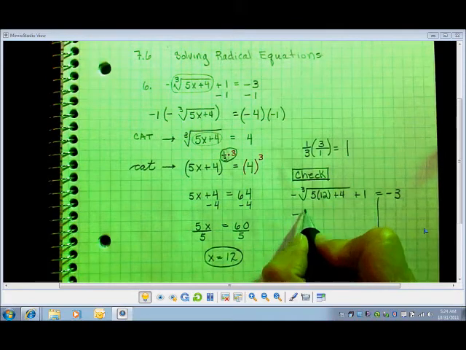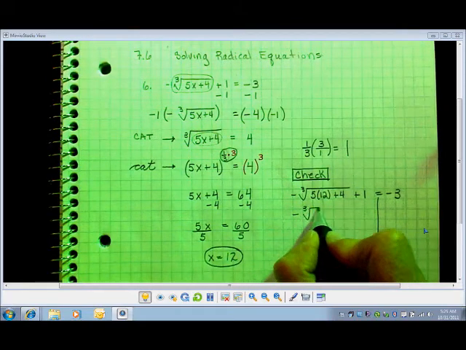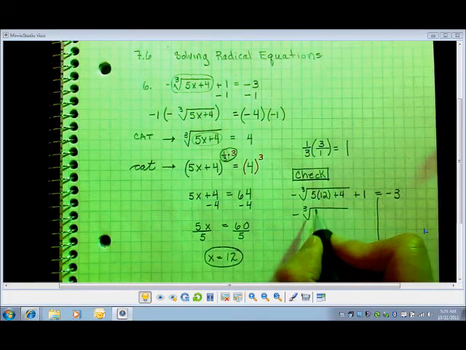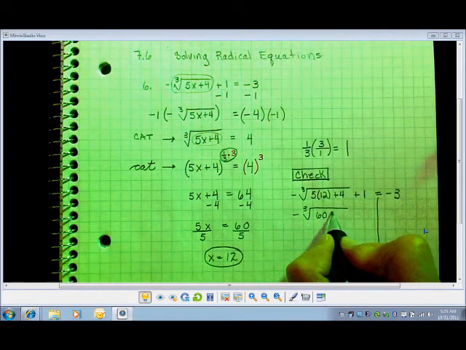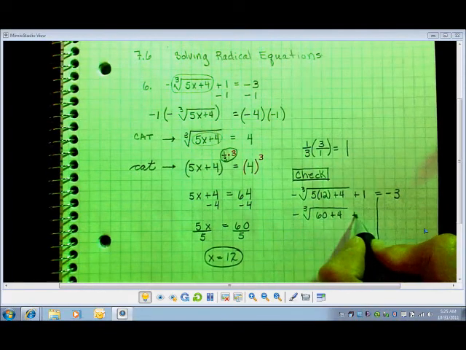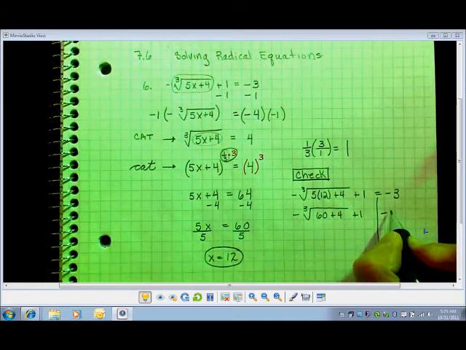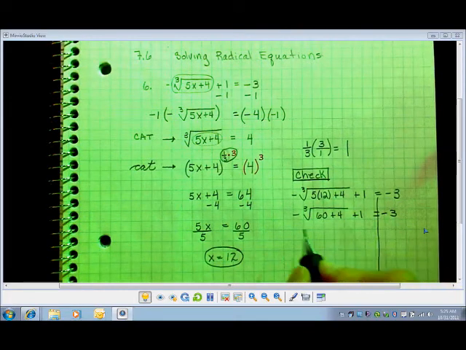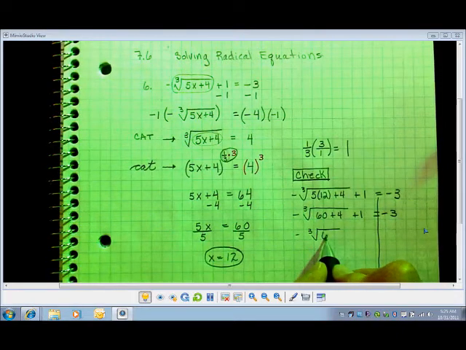So I'm just going to use regular PEMDAS. 5 times 12 is 60. That's the cubed root of 64.